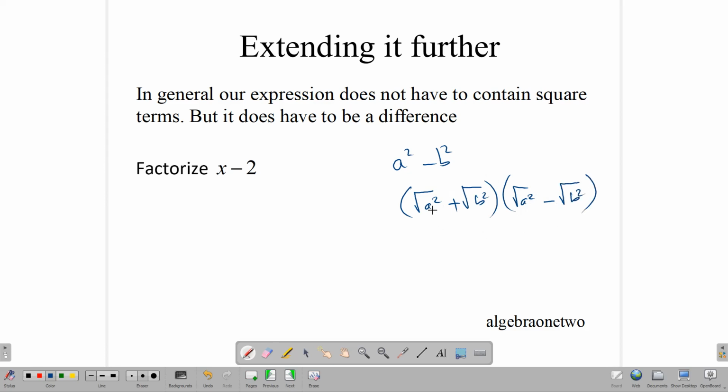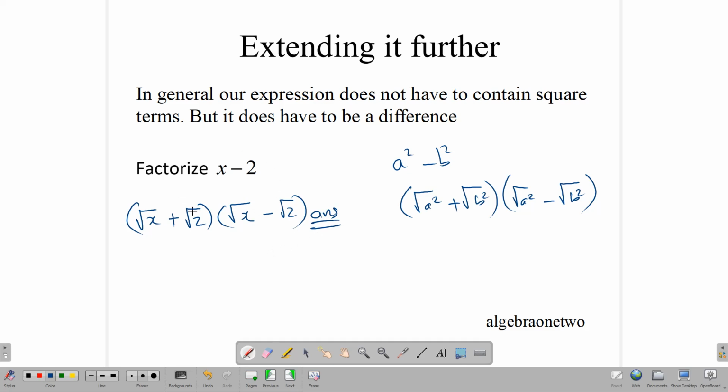And so we just apply the same idea here, open two brackets. And what is the square root of x? We don't know, so we just write square root of x. And what is the square root of 2? Make one bracket plus, make one minus. Square root of 2, we simply write square root of 2. And that would suffice for our answer.